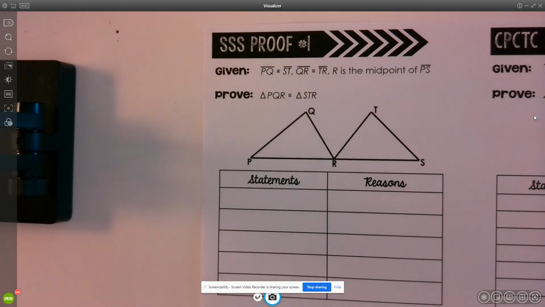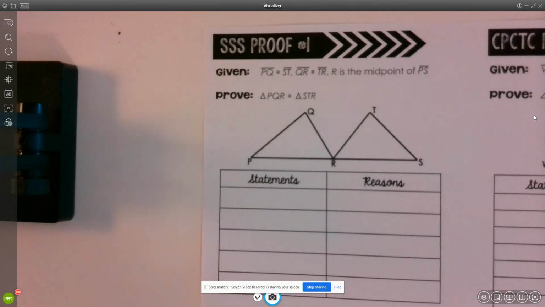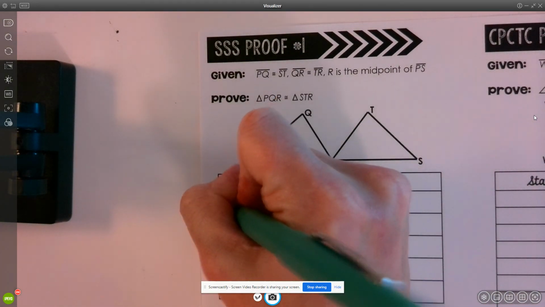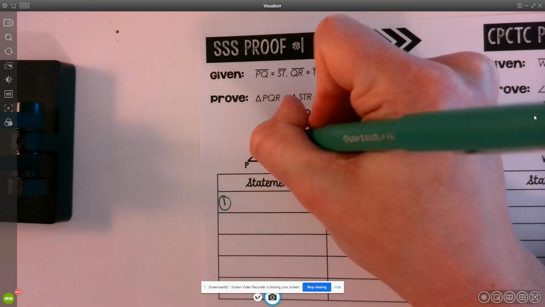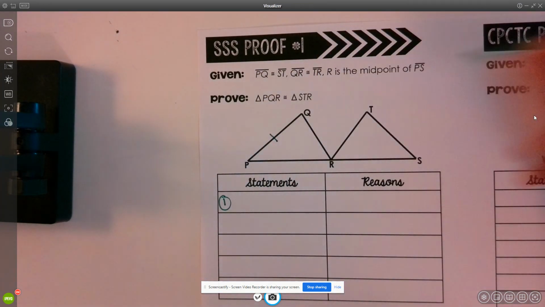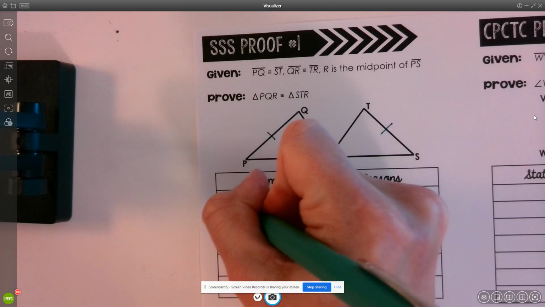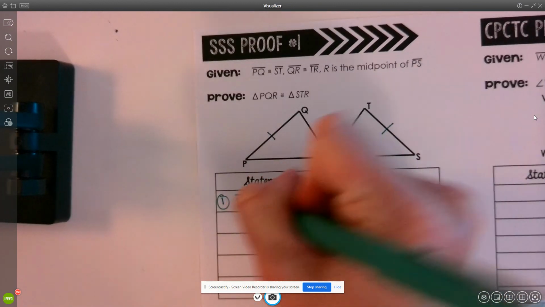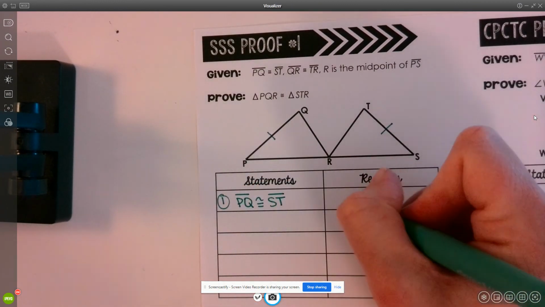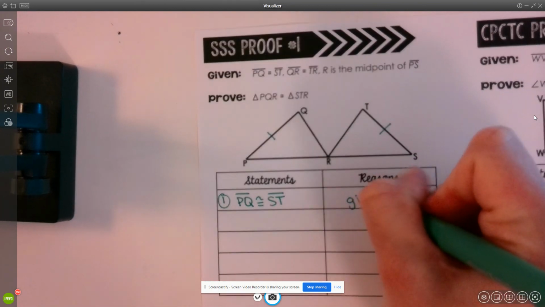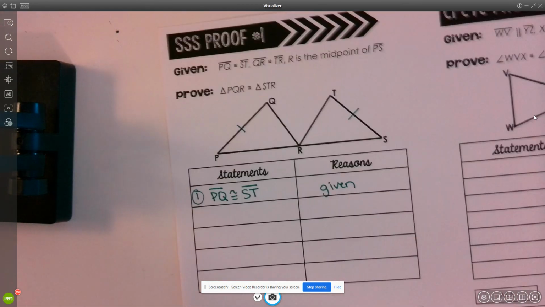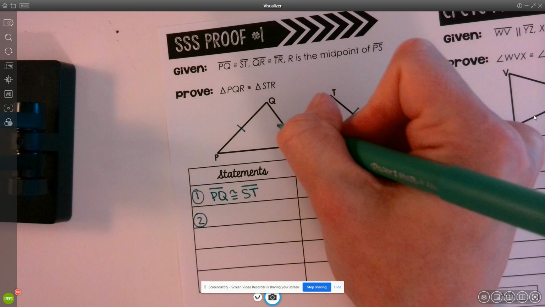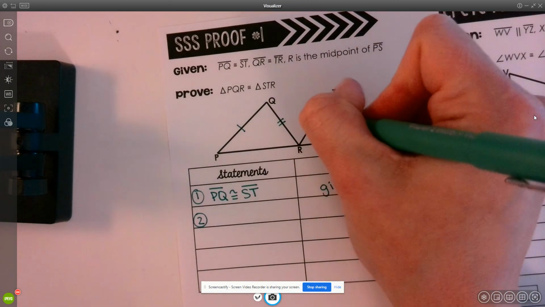And so I know I'm going to go and put in some of my given statements into my proof. So one given is that line segment PQ is congruent to line segment ST. So I'm going to add that into my picture since they didn't have that labeled for me. All right, my second given is line segment QR is congruent to line segment TR.